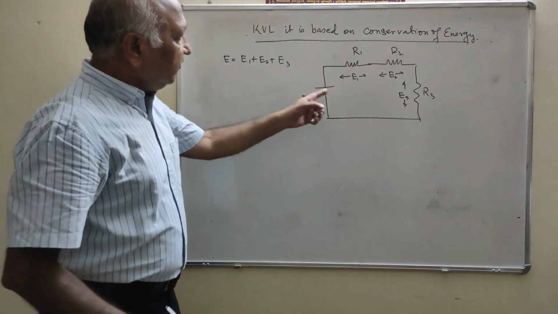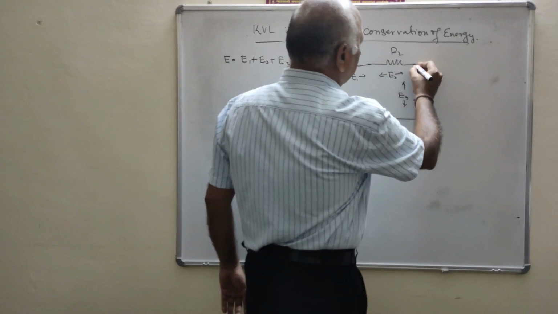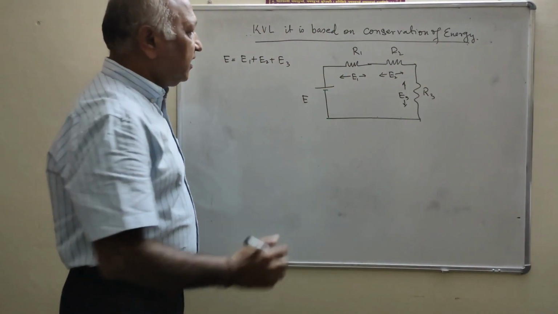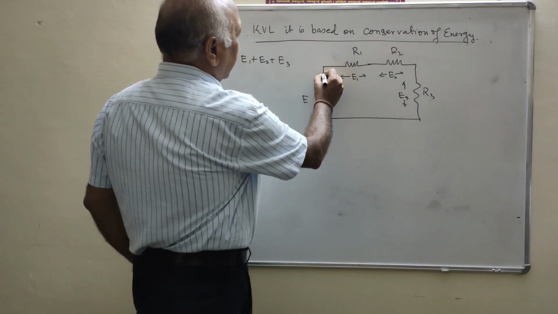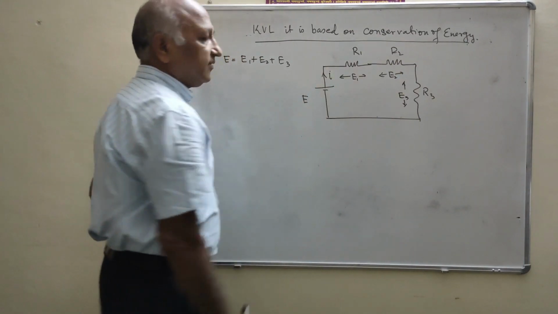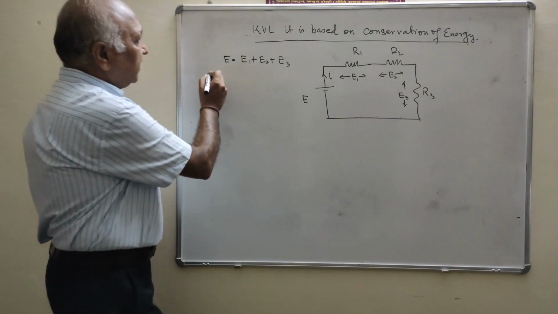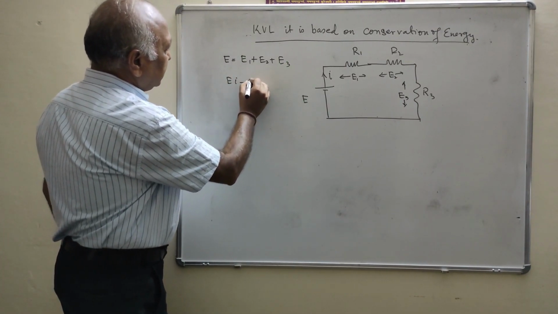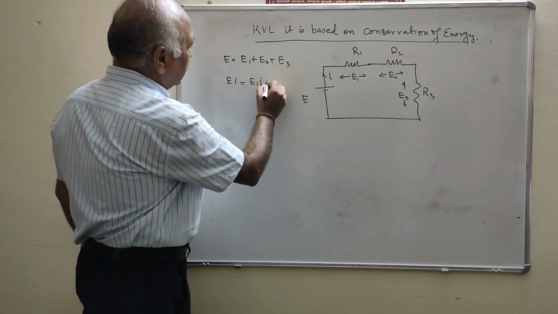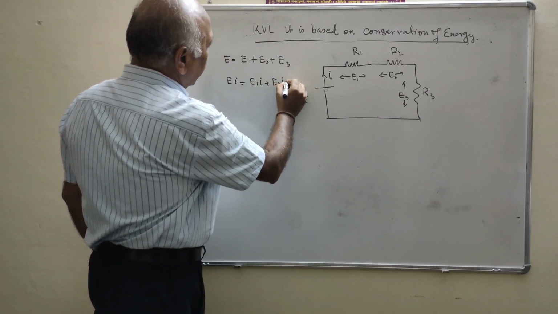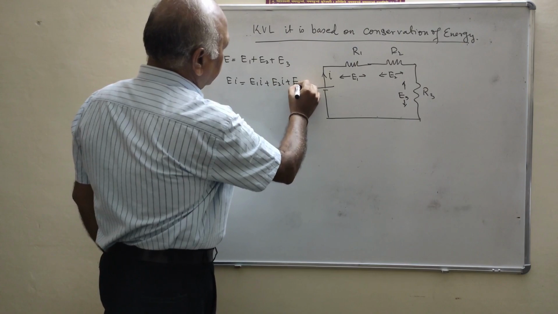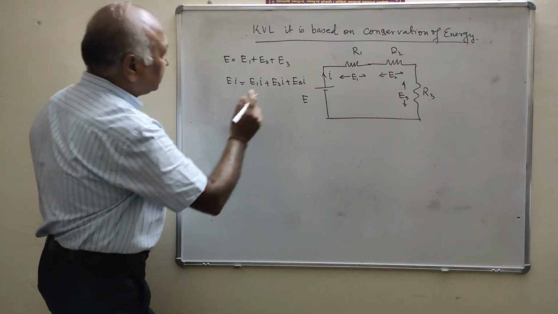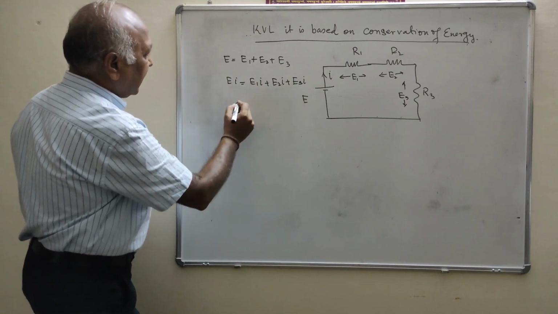The voltage is always distributed in the series circuit. Say the current is I. If we multiply the equation, it is the EI, that is equal to the E1 I plus E2 I plus E3 into I. Now again we will multiply both sides by that small t, time.